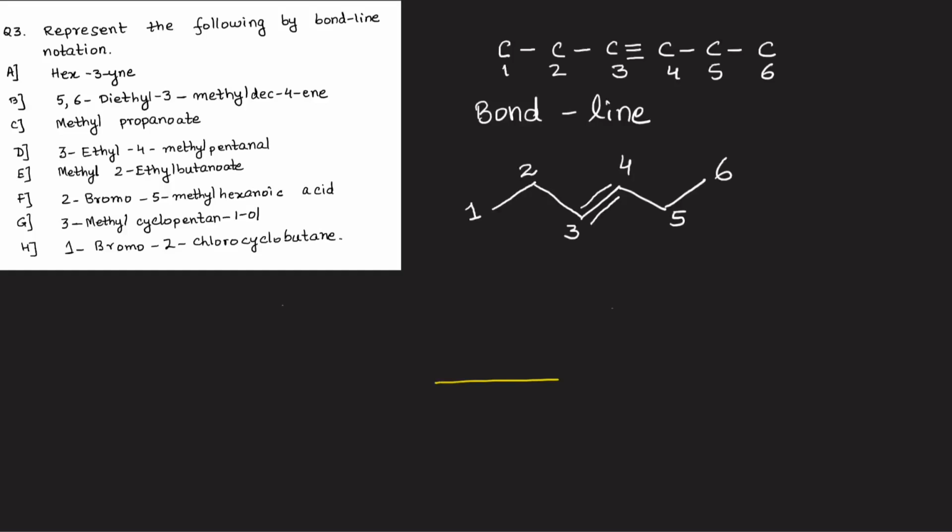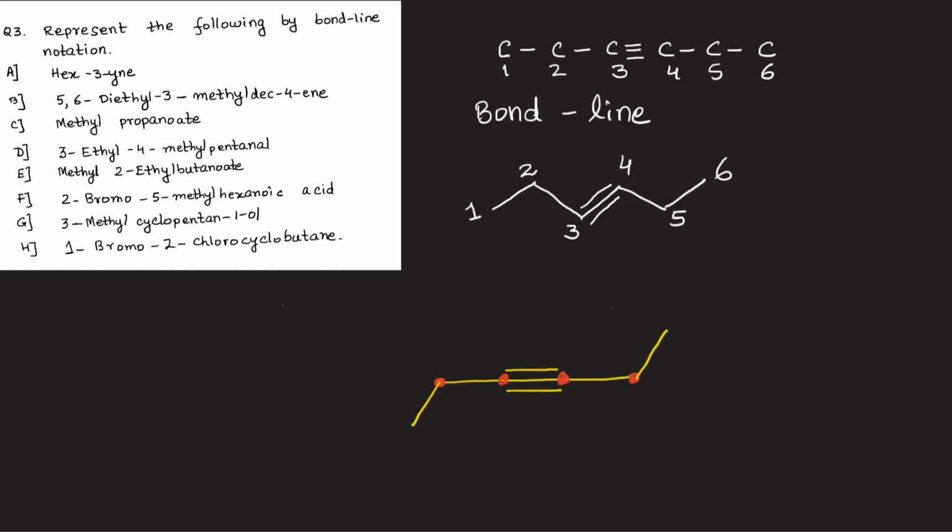So I've got a triple bond wherein this is 1 carbon atom, here's the second carbon atom, here's the third carbon atom, here's the fourth carbon atom, and we have to depict the 5th and the 6th carbon atom, right?